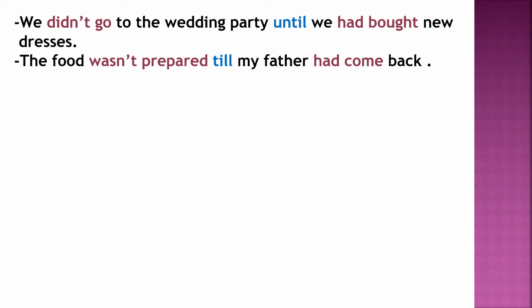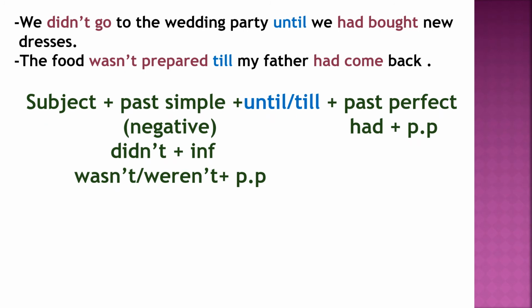But with until or till, we put the past simple in the negative form. We can say didn't plus the infinitive or wasn't or weren't plus the PP if we talk in the passive. And in the sentence of till or until, we have the first action and the past perfect.